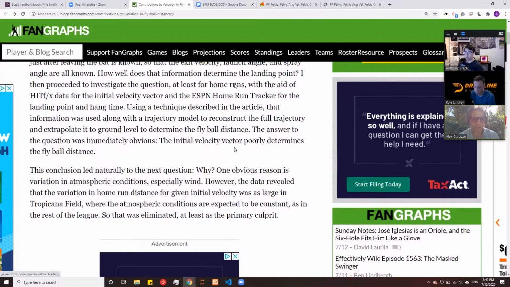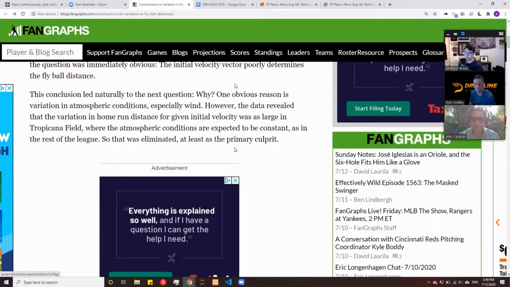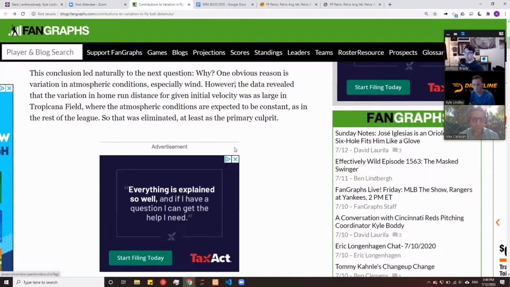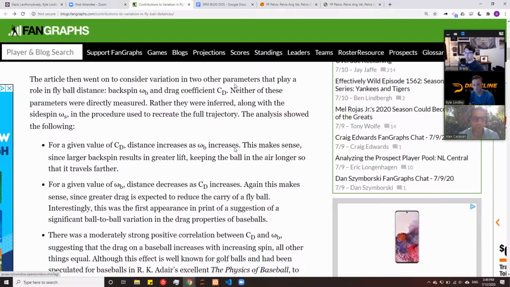Initially, I think he worked on telling what exactly impacted fly balls, trying to remove all atmospheric conditions like wind. He examined stuff hit in Tropicana Field.